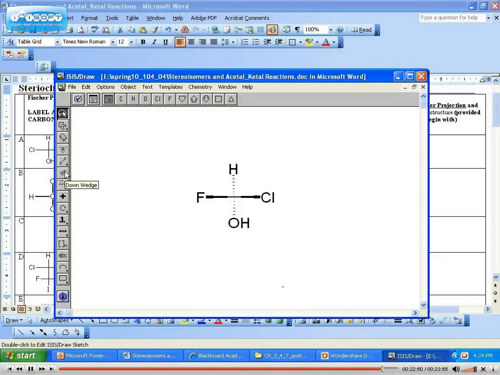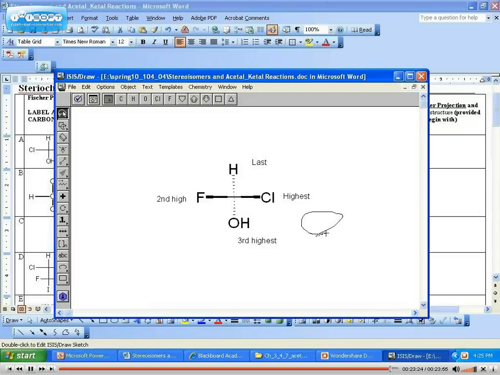Again, if we were to sit there and justify it, it's fairly straightforward. Chlorine is going to be the highest. Fluorine is going to be the second highest. Oxygen is going to be the third highest. Hydrogen is last. And then we would go from chlorine to fluorine to hydroxy.